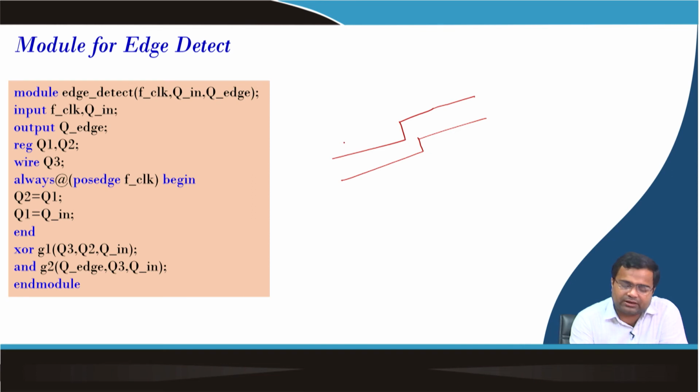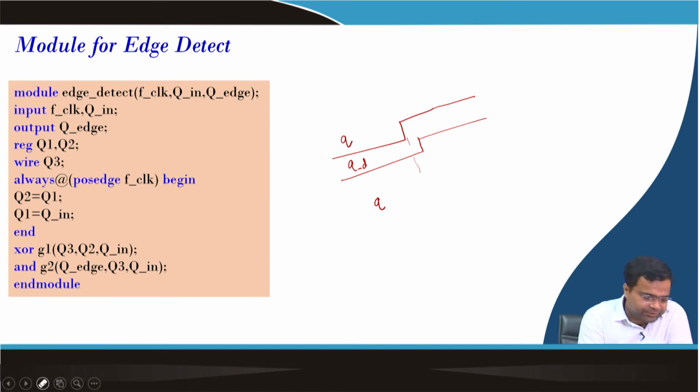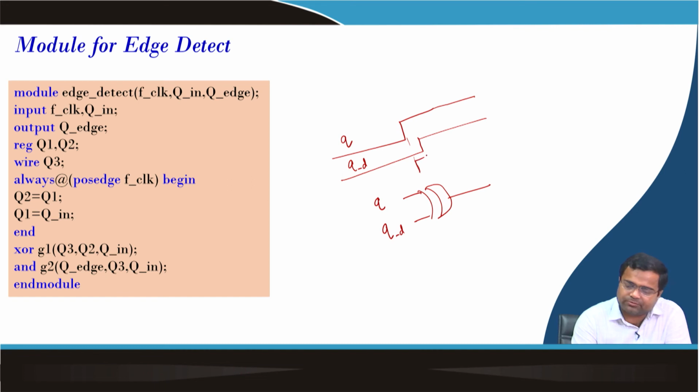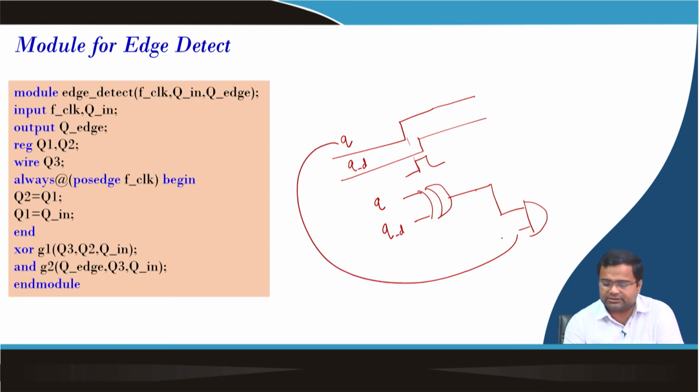So this is, let's say, one particular signal Q, this is Q delayed, and if we do XOR of Q and Q delayed, then this will be high, and that is ANDed with this particular signal, that is your Q, and this is your positive edge pulse of Q. Okay.